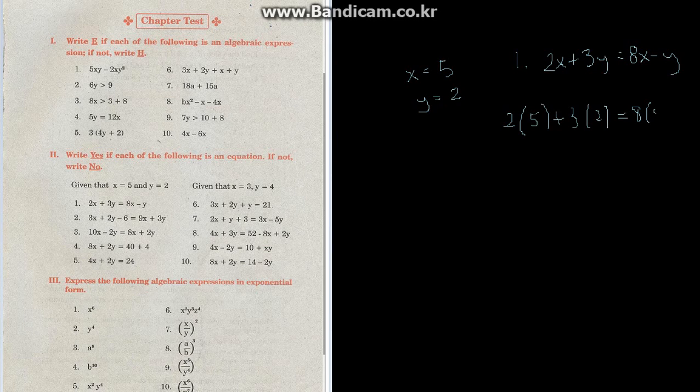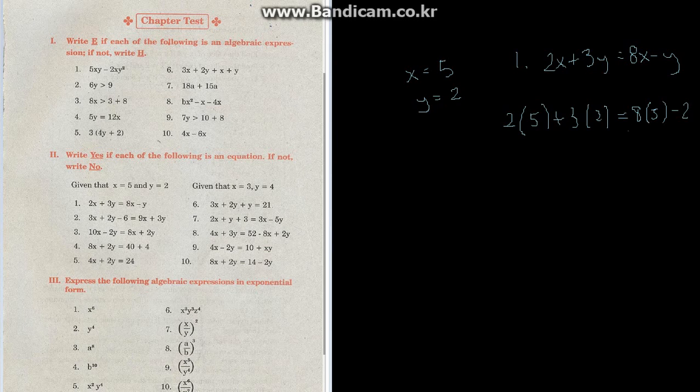So we are given that x is equal to 5 and y is equal to 2. Number 1, 2x plus 3y is equal to 8x minus y, and well, we just have to substitute the values into the equation. So 2 times 5 plus 3 times 2 is equal to 8 times 5 minus 2.